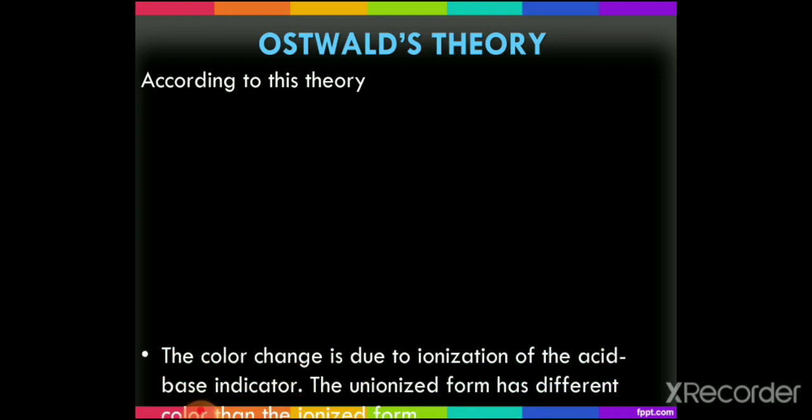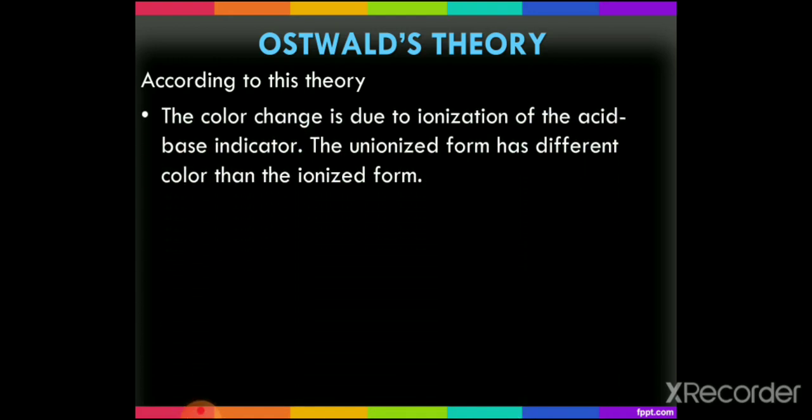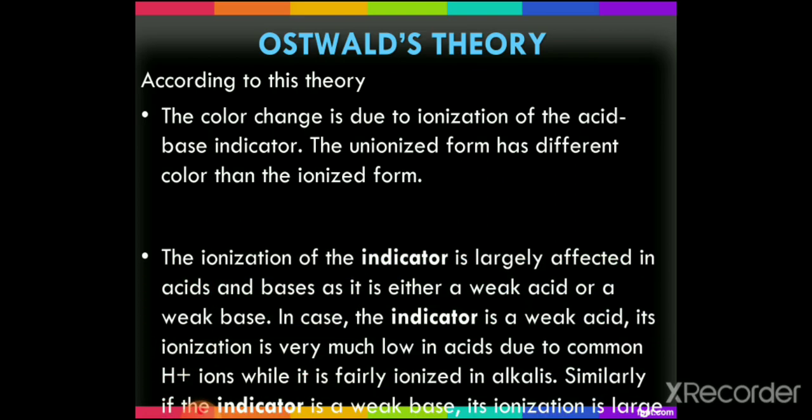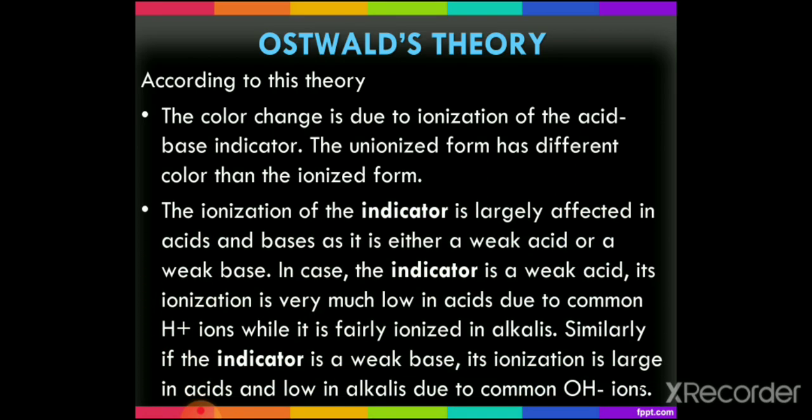According to this theory, the color change is due to ionization of the acid-base indicator. The unionized form has a different color than the ionized form. The ionization of the indicator is largely affected in acids and bases, as it is either a weak acid or a weak base.